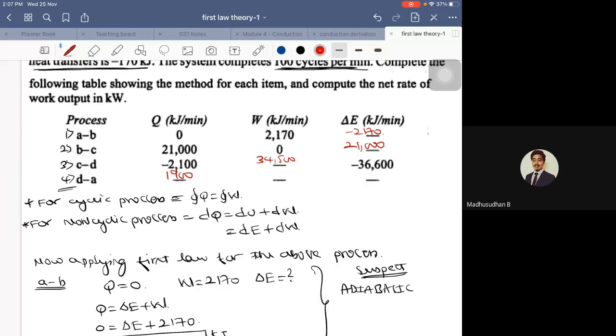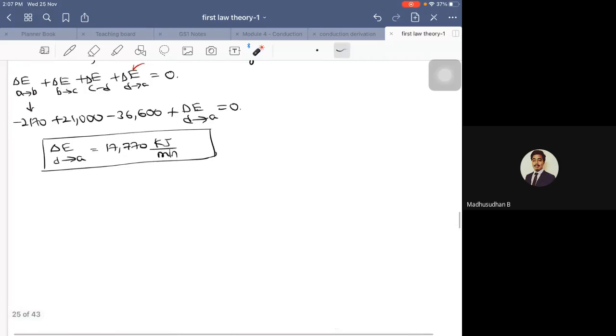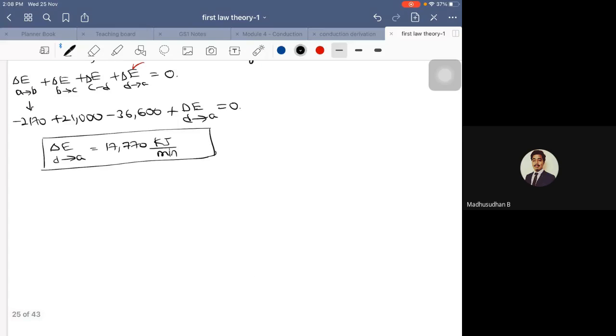What is the value of delta E? 17,770. If you look at the process D to A, you can apply your first law to calculate the value of W. Q is equal to delta E plus W for the process D to A.